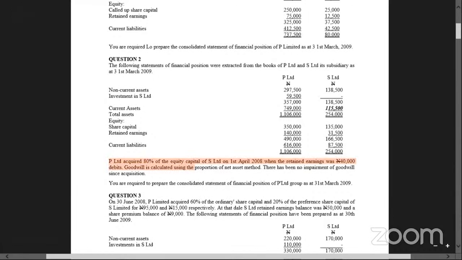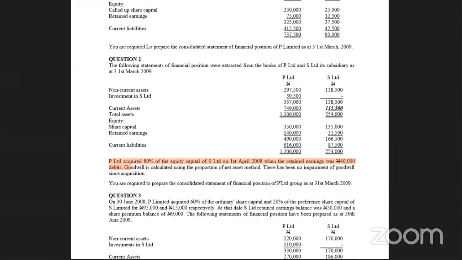P Limited acquired X Limited on 1st of April 2018, when the retained earnings was 40,000 debits. Please, this one is not like the other ones you just rush into. They are saying 40,000 debits, and you are going to see that when we get there.